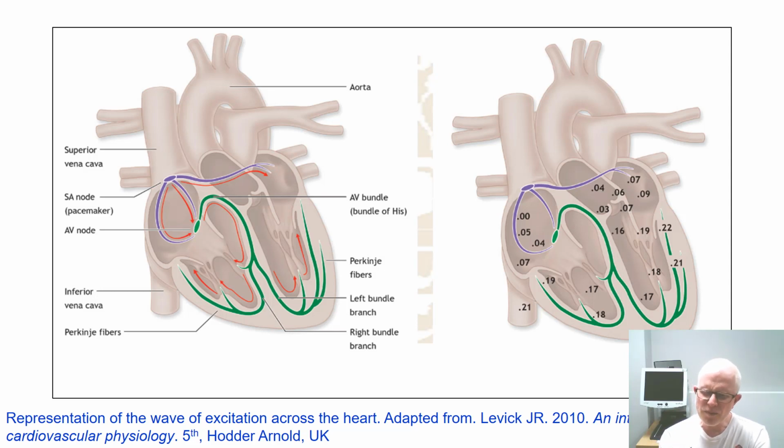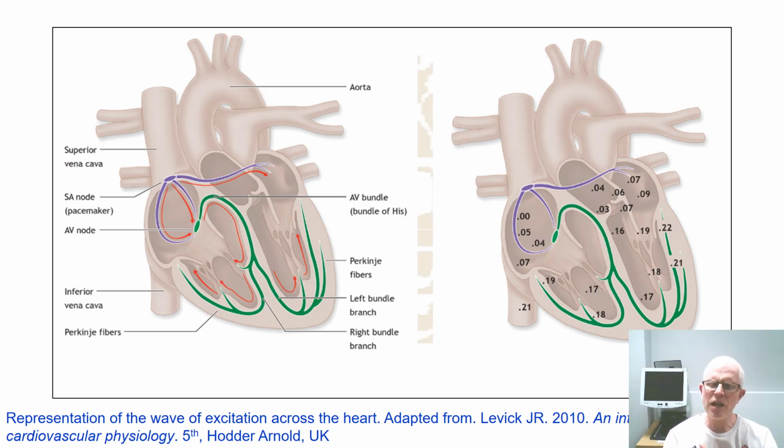And so you can see that the movement is not just in the vertical axis, it's also in the horizontal axis. But more importantly, if we're thinking about the structure of the heart, we have to think about it three-dimensionally. So the wave of excitation is not only in the x and the y axis, it's also in the z axis as well.